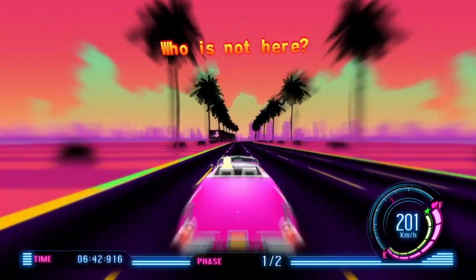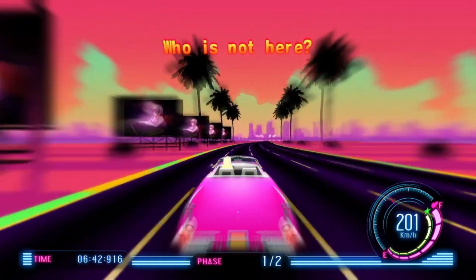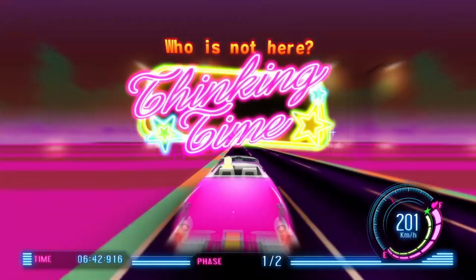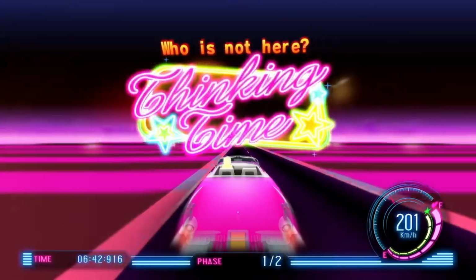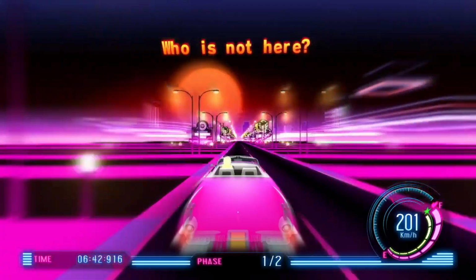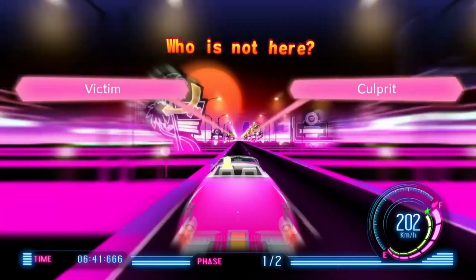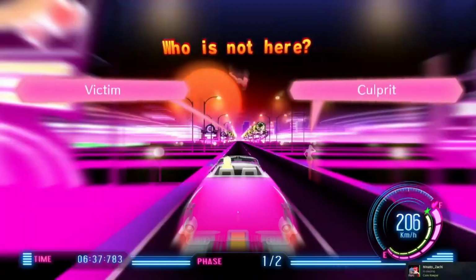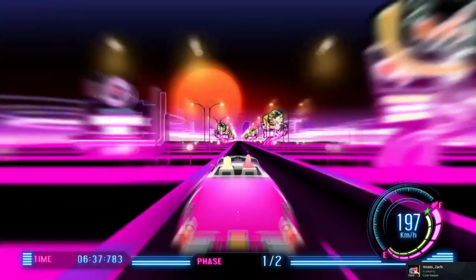Who is not here? Thinking time? The victim, the culprit, the victim. The victim died. Oh, you just run them over.